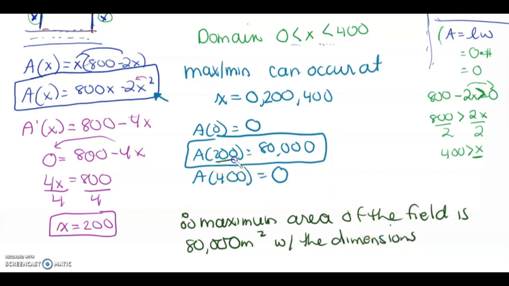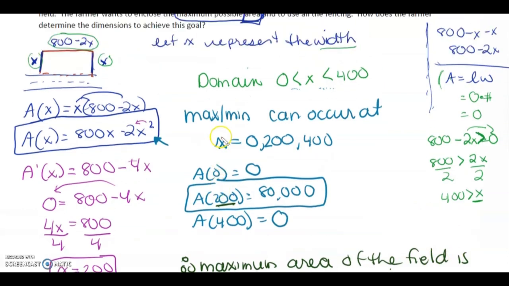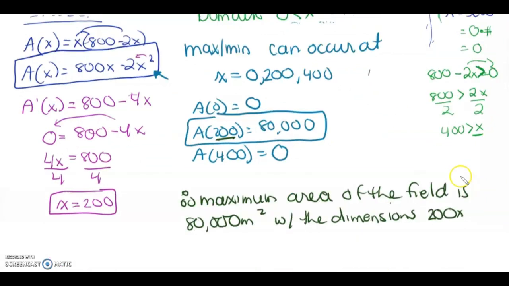So we have x equals 200, so that's 200 being the length, and then all you have to do is go back up here to the width formula, 800 minus 2x. You can do this aside on your paper. 800 minus 200 times 2, which is 800 minus 400, which is 400. So 200 meters by 400 meters.